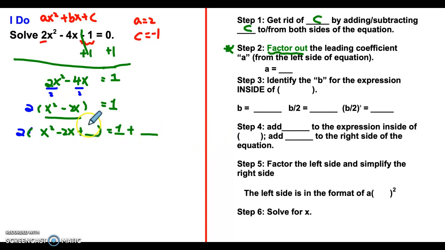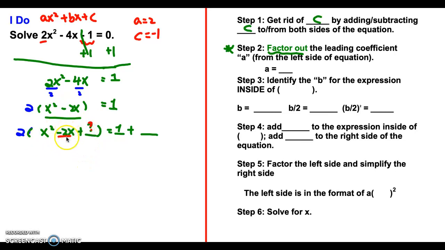My question is, what do I need here? What I need to look at is inside the parenthesis. I don't even care about the 2 once again. Right now I have x squared minus 2x plus something. How can I figure out what this something is? What is the question mark?